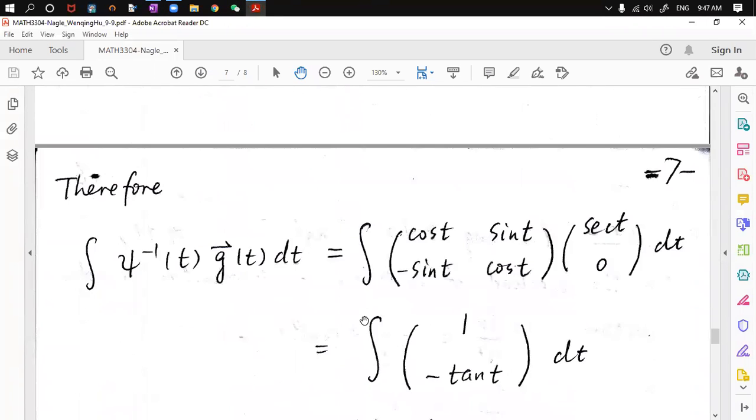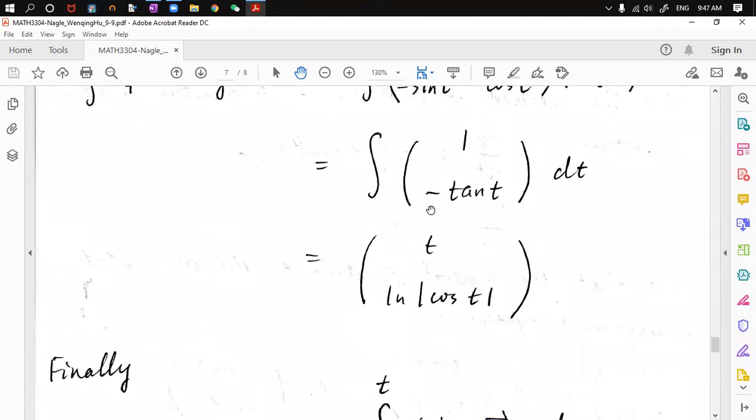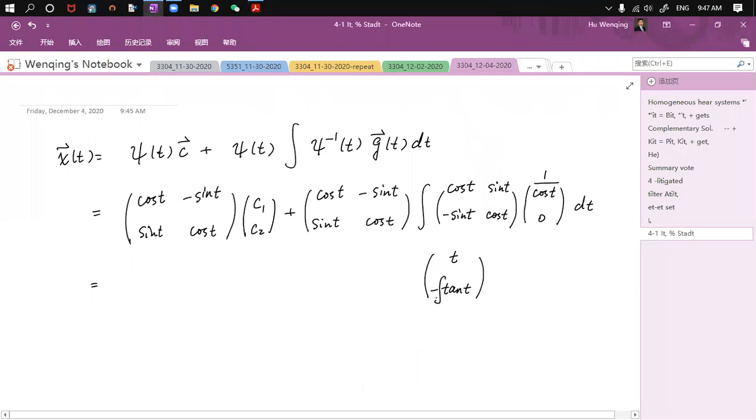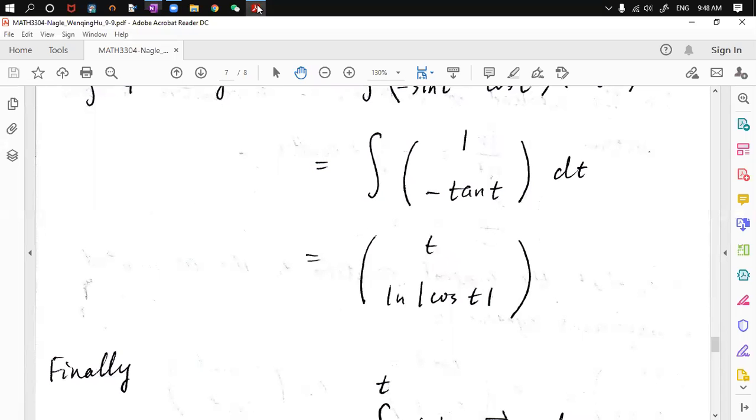Well, if you are familiar with calculus, the integral of tangent is equal to the logarithm of cosine of t in absolute value, so in terms of the minus sign, I will skip this calculation, but it is equal to ln of the absolute value of cosine of t if you perform this integral.